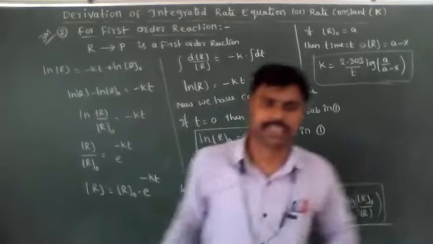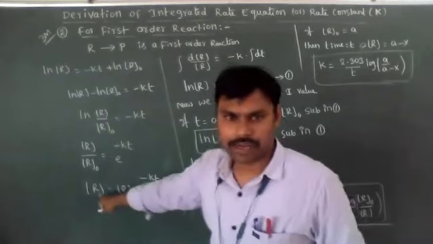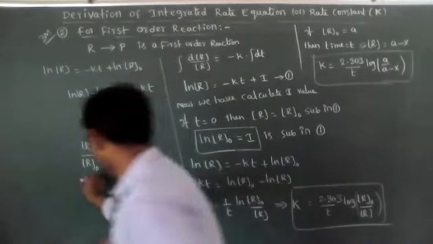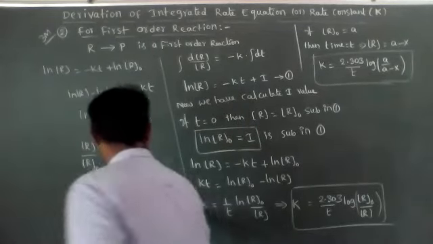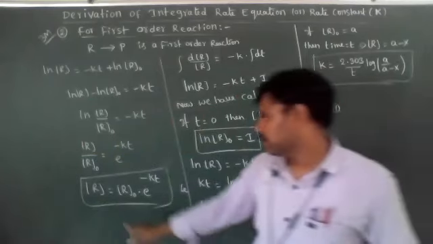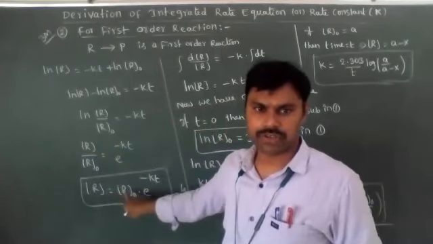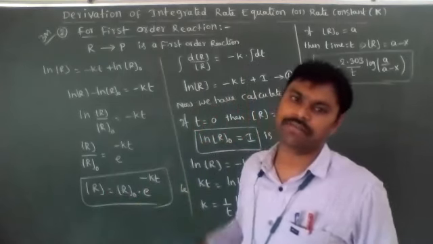This is another representation. This equation is for a first order reaction: final concentration of reactant equals initial concentration into e to the power of minus kt.